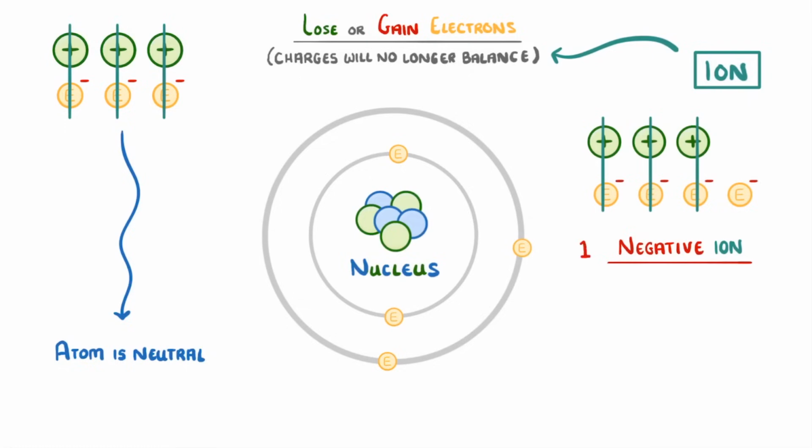We'd call this a 1- negative ion, because it only has 1 extra electron. While if our ion had another extra electron, it would then have 2 extra electrons overall, and be a 2- negative ion.